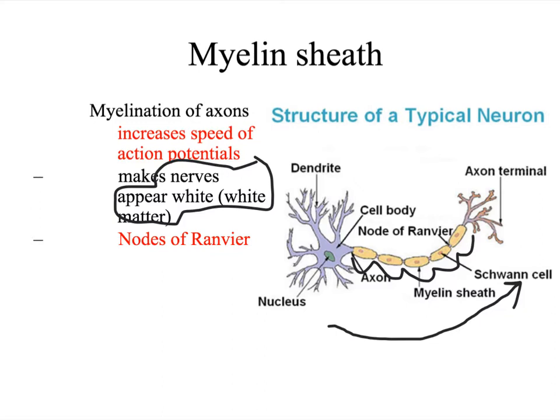So these gaps are referred to as nodes of Ranvier. The passage of this action potential is referred to as propagation. And propagation will be very much faster on a myelinated axon than a non-myelinated axon.